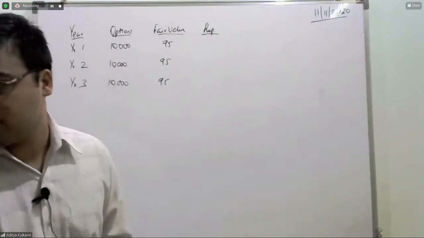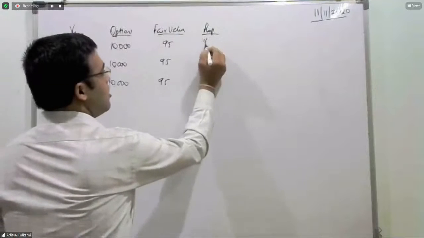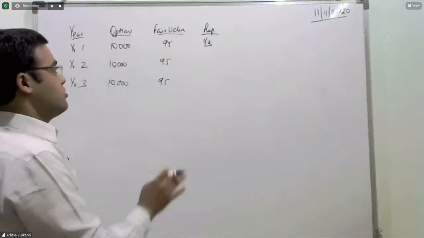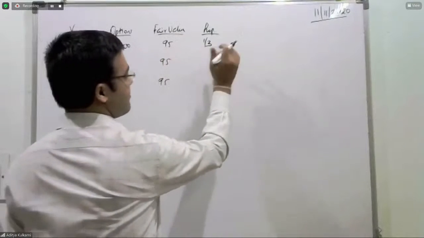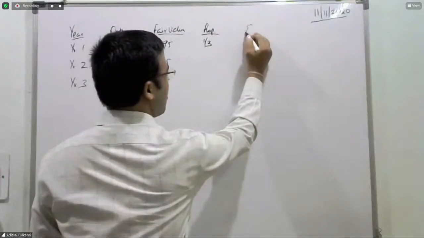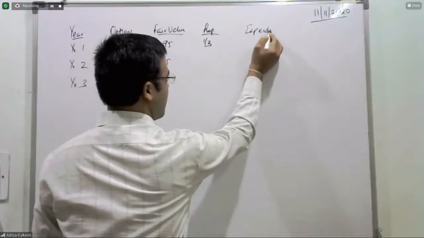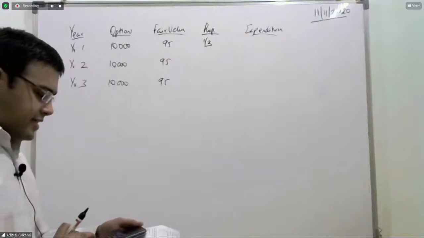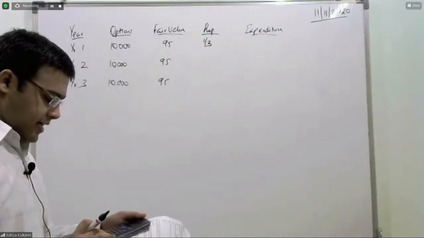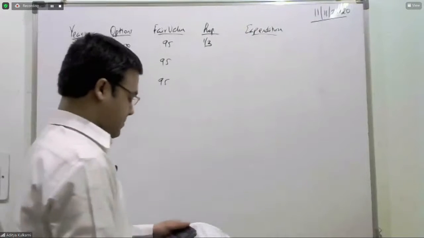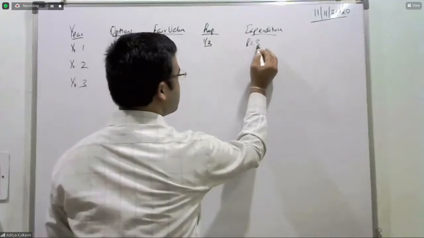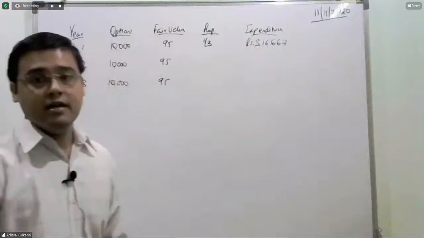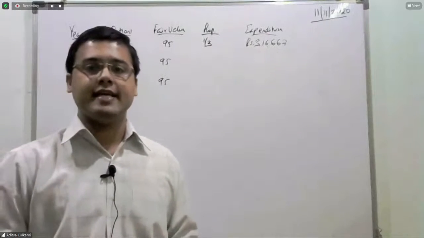So therefore, 1/3. So 10,000 into 95 into 1/3. Your expenditure for the year will be 10,000 into 95 divided by 3, 3,16,667.